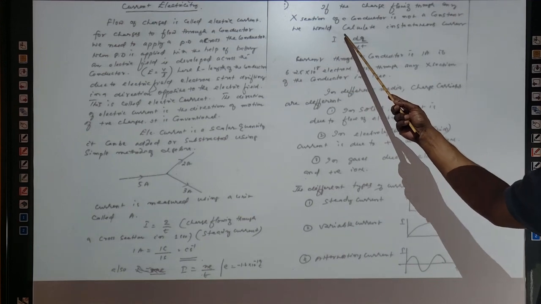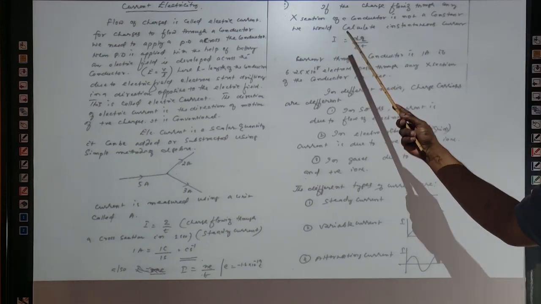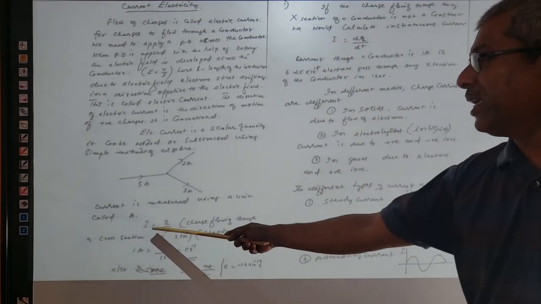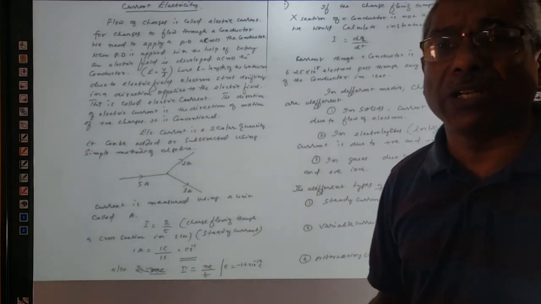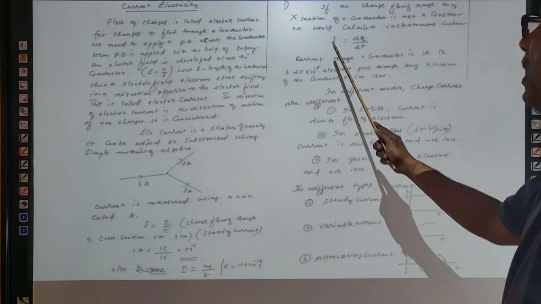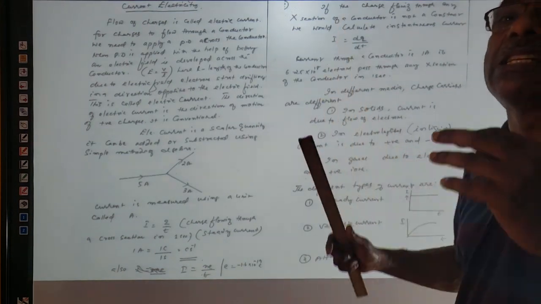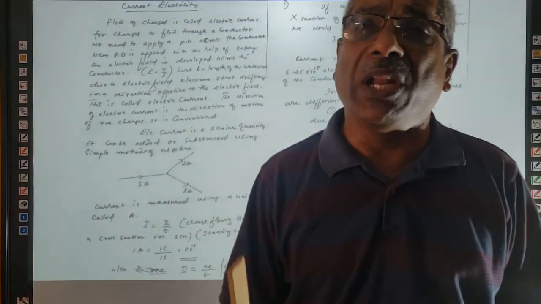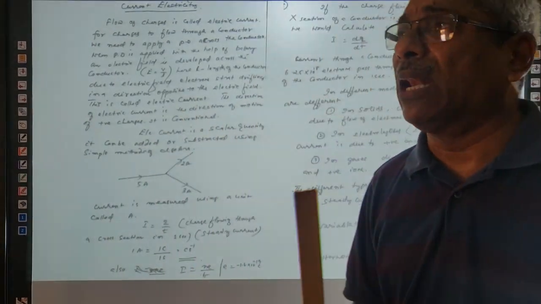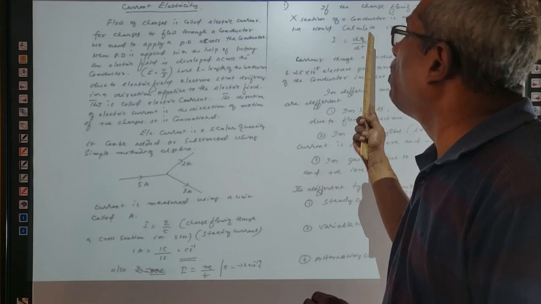So if the amount of charge passing through a conductor is a constant, then we can write I is equal to Q by T. If the amount of charge passing through a conductor is not a constant, and it varies with time, then current I is taken as the instantaneous current, because every instant the amount of current passing through the conductor is varying. In that situation, we would calculate I is equal to dq by dt.